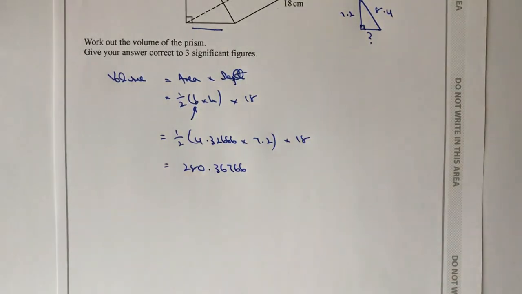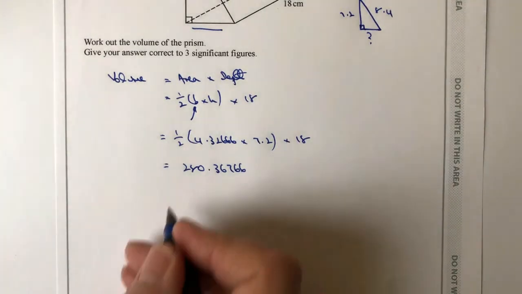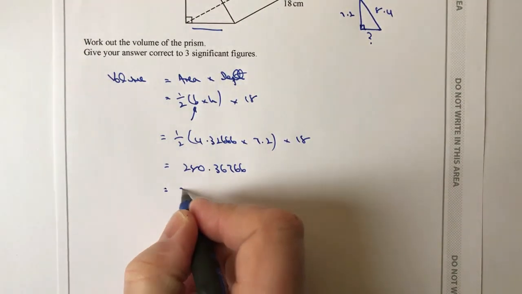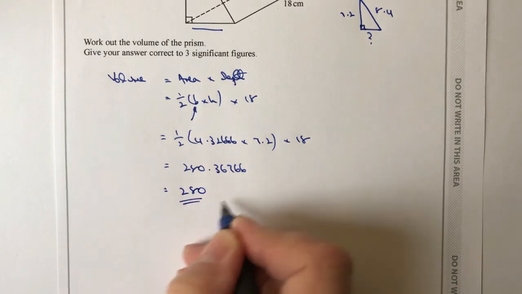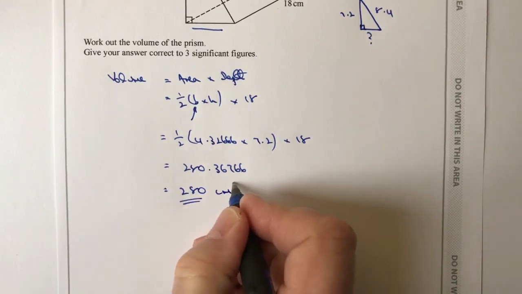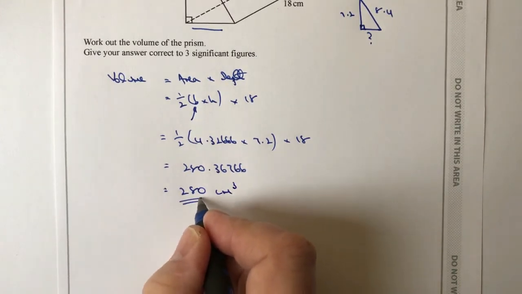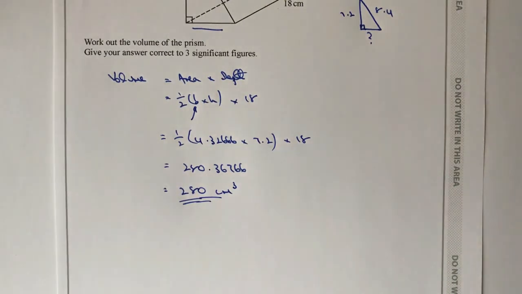Now the question does ask us for 3 significant figures. Always with these sorts of questions, always go back to it and make sure that you quote the level of accuracy that they're looking for, which in this particular case 3 sig fig would be 280 centimetres cubed. And that's the answer to this particular question.